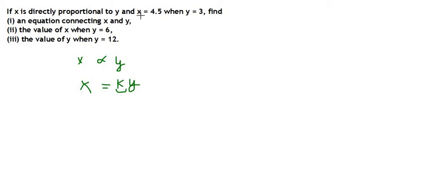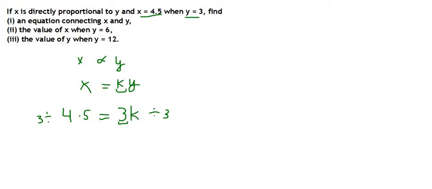So x is 4.5 and y is 3. We put the values of x and y in the equation x is equal to ky: 4.5 is equal to 3 times k. That's really simple. Both sides will be divided by 3, because we have to remove this 3 from the variable k so that we can find the value of k, which is the constant.